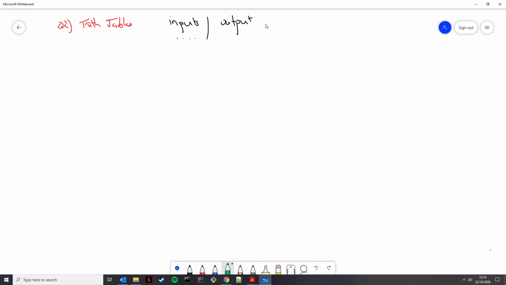So your output is based on the operator, or if you like, is based on the function we're trying to get.